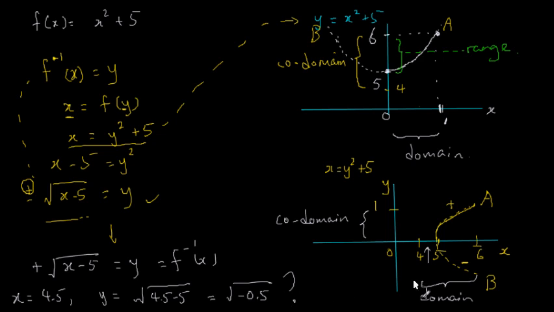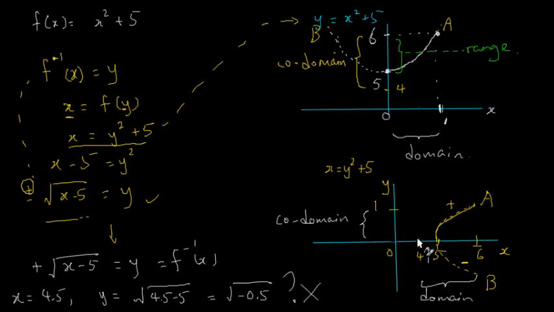So what it means is that for some of the numbers in the domain, we don't have an answer. The mapping, this formula, does not give us an answer for the inverse function.